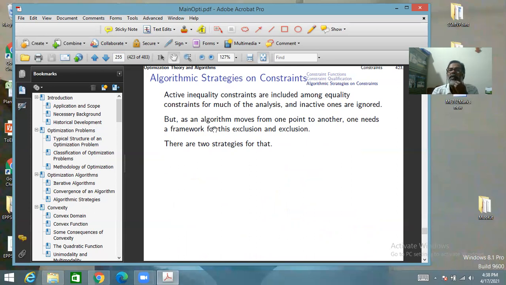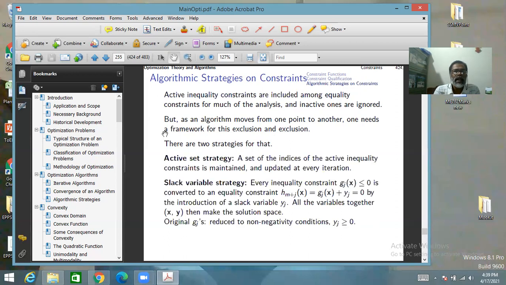As an algorithm moves from one point to another, one needs a framework for the inclusion of active constraints along with equality constraints, which are always active, and exclusion of the inactive constraints as background material. There are two strategies for handling this.